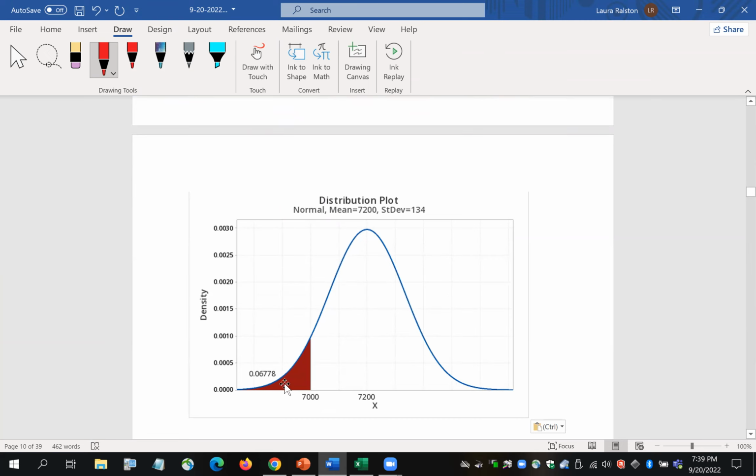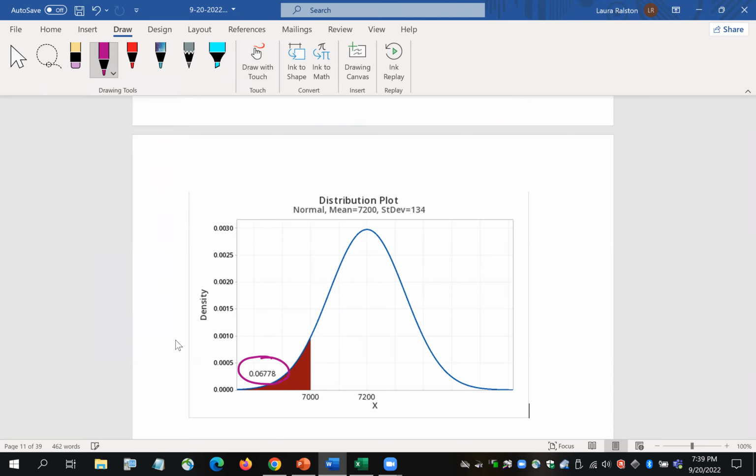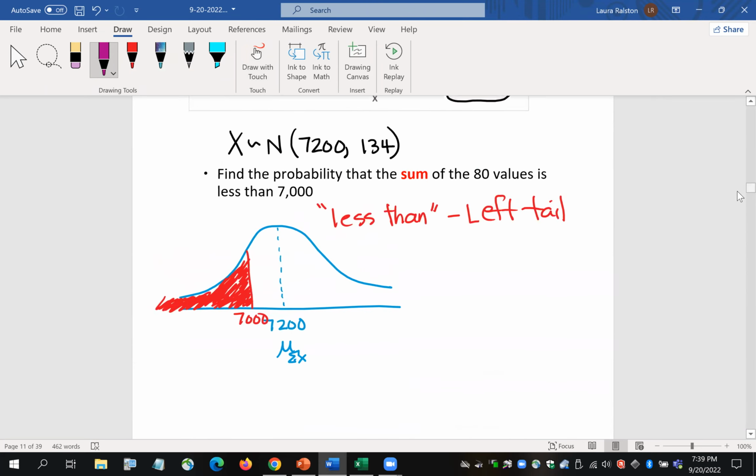There it is. The number is hanging out in space. It's 0.06778. So my answer here is 0.06778. The probability that the sum is less than 7,000 is about 6.8%.